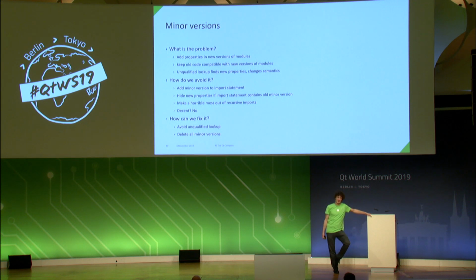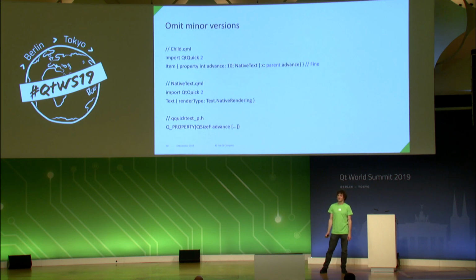We hide the property if the version doesn't match. That makes a horrible mess. And is it decent? Nah. However, if you avoid unqualified lookup, you can just delete all minor versions. That looks much more decent, doesn't it?